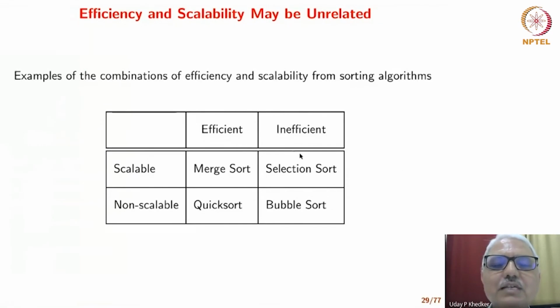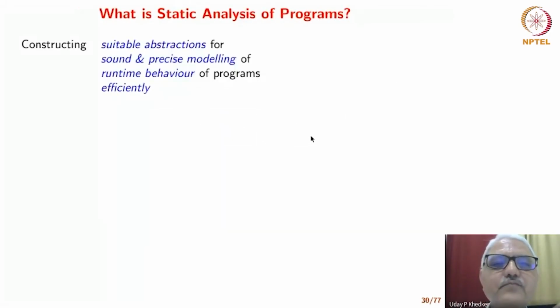Selection sort is an example of a scalable but inefficient sort. Quick sort is efficient but non-scalable, and bubble sort is both inefficient and non-scalable. So do a bit of exercise and figure out why this is so, and that will tell you why efficiency and scalability must be considered as two distinct things.